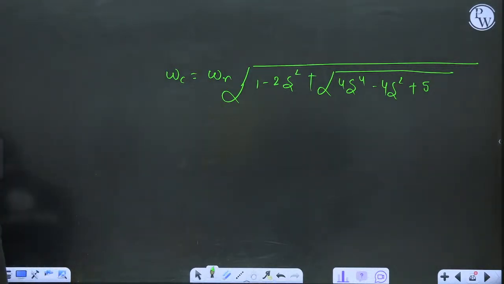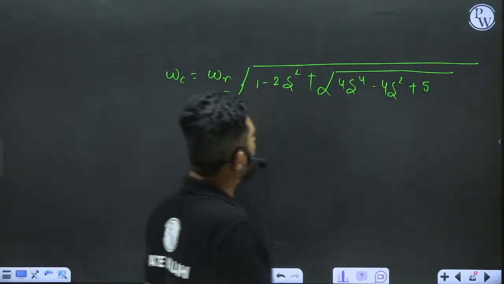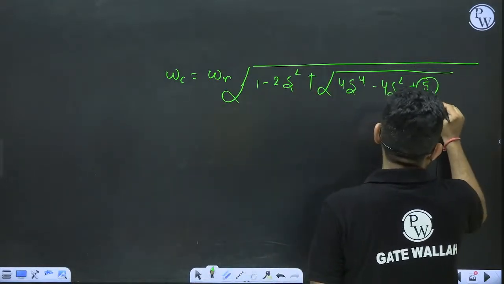Let me check that whether we evaluated correct or not. So everything is correct except this value. This value is coming out to be 2.